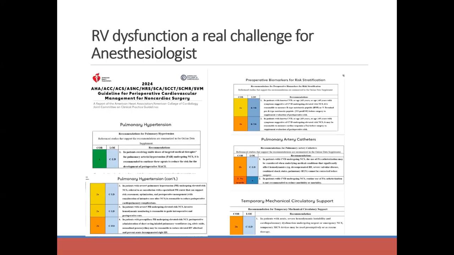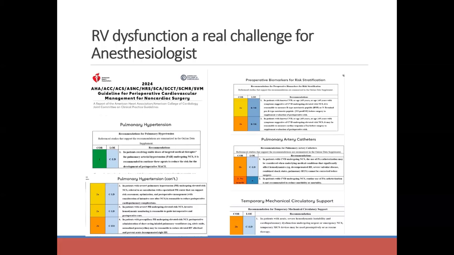Here I would like to mention the consensus guidelines, where the AHA, the American College of Cardiology, plus many of the societies of North America came together. There are a few highlights of those guidelines which I would like to share with you.